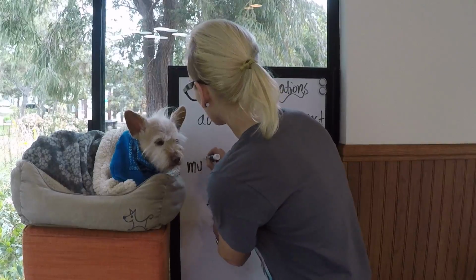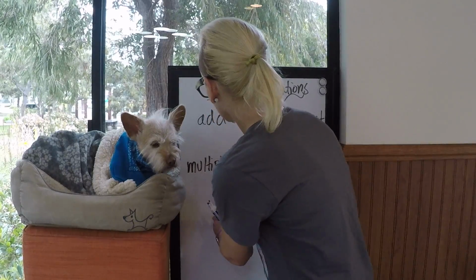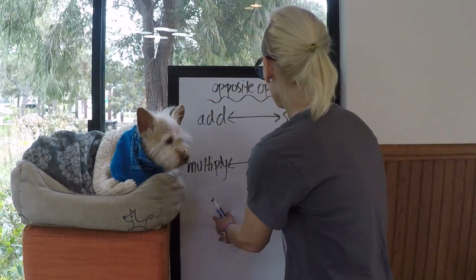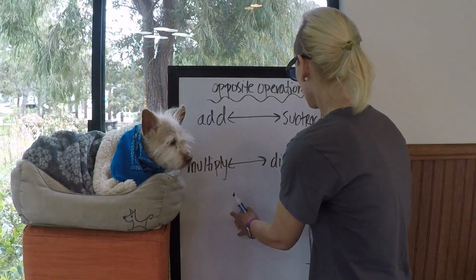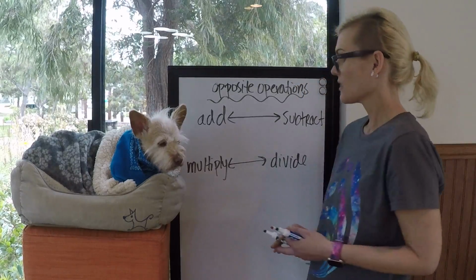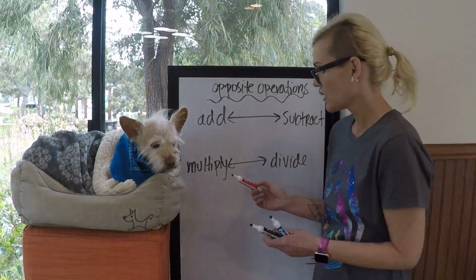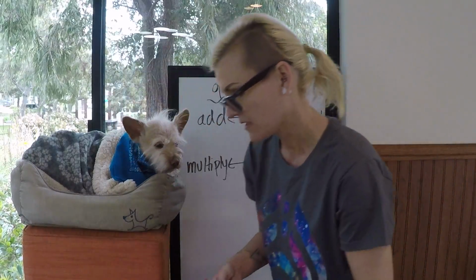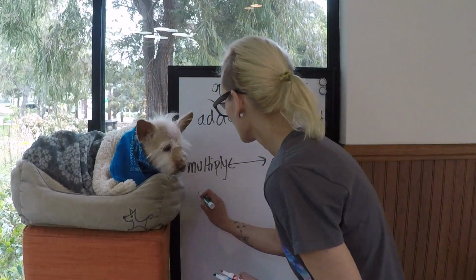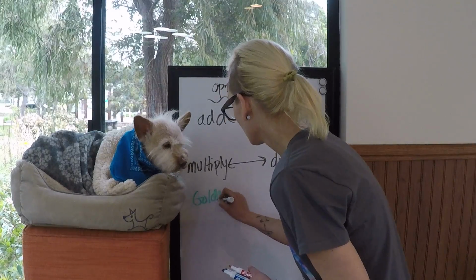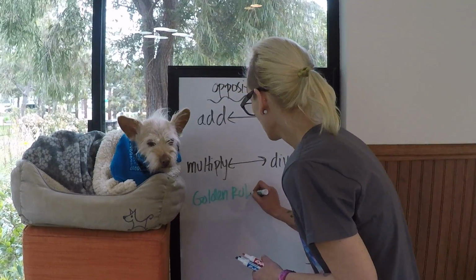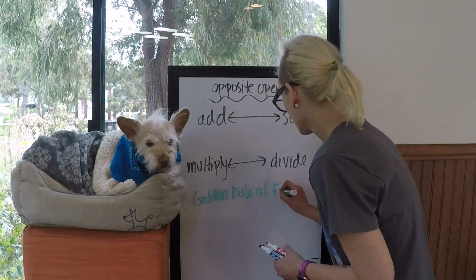If it's multiply, you are going to divide. And the other thing that you always want to keep in mind is the golden rule of equality.